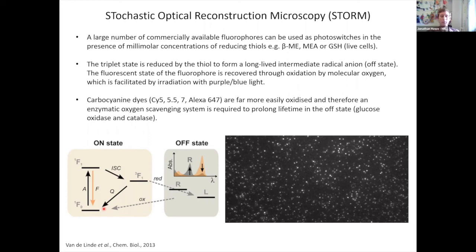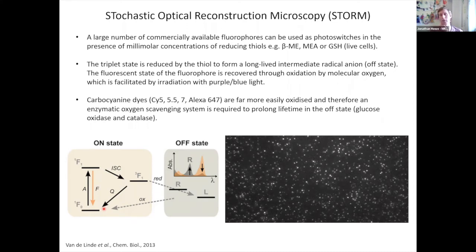And this means that you don't need to do any cloning, you don't need to have a genetic fusion, you just need to have antibodies directed against your protein of interest. So it's often favored for that reason. And the way it works and the property of the dyes that it exploits is the fact that many of these commercially available dyes can be induced to undergo this photo switching process.